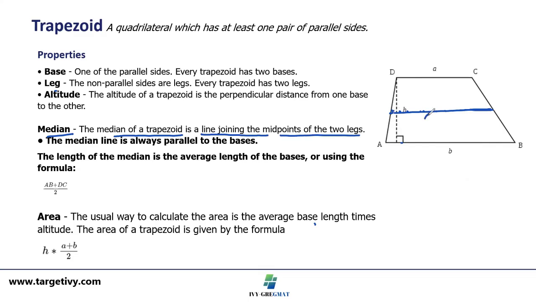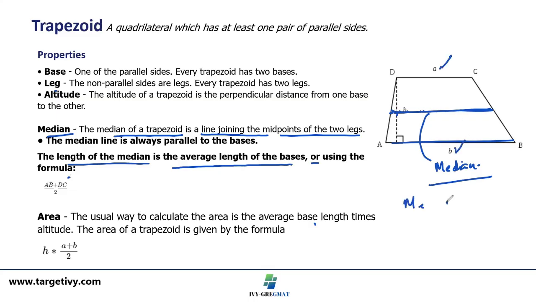So this is the median. And this is obviously parallel to the base. Now, the length of the median is the average length of the bases using this formula. So median is equal to (a + b)/2.